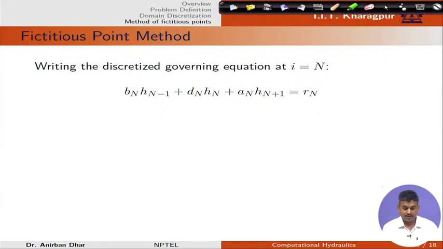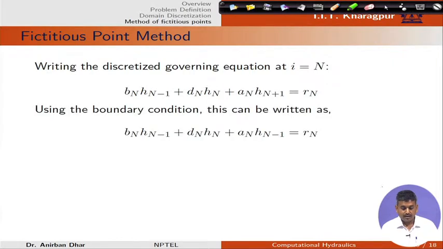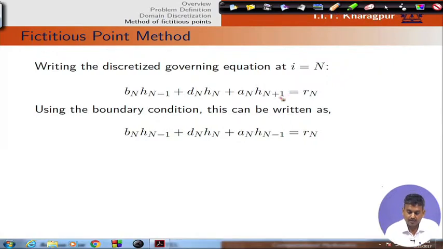So, for this one, using the boundary condition, h n plus 1 can be written as h n minus 1.